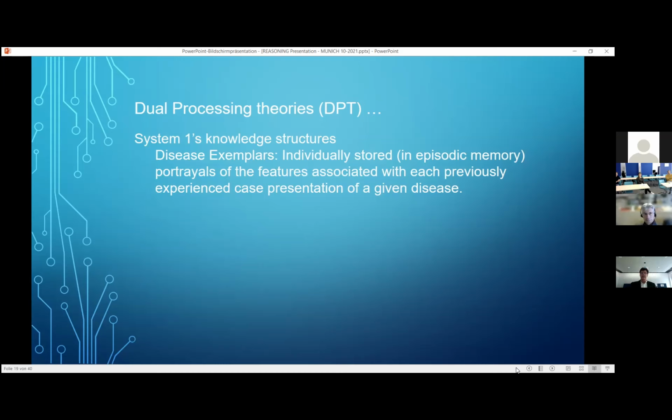You see something and somehow the back of your mind puts into working memory, oh, I think you have this disorder. I have a lot of difficulties with it. There are certainly individuals in medical education research that believe this is the primary mechanism that actually defines expertise. I won't get into that, but nonetheless, that's the system one mechanism and approach.